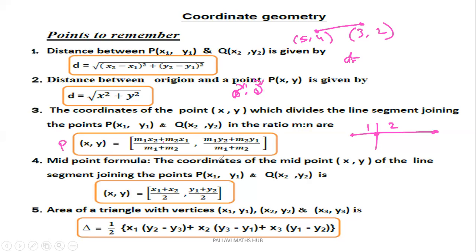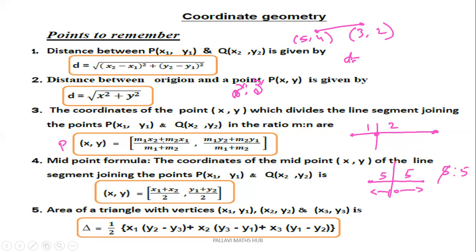Next, similarly, this line is cut into 2 equal parts. For example, this line is 10 centimeters. Midpoint means it is cut into 2 equal parts, 5 centimeters and 5 centimeters. What is the ratio?